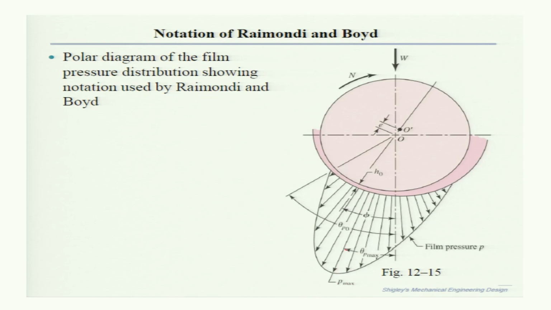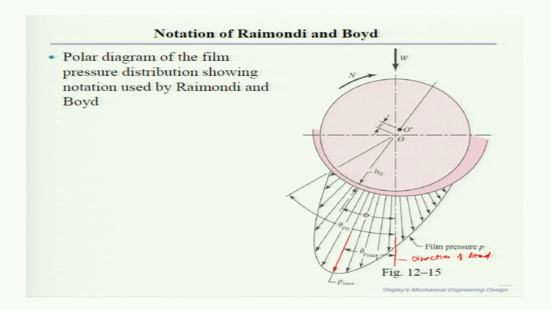The location of P maximum is represented as theta P maximum, and it is measured from the vertical line, the direction of the load. This theta P maximum is the angular location of the maximum pressure with respect to the direction of load.